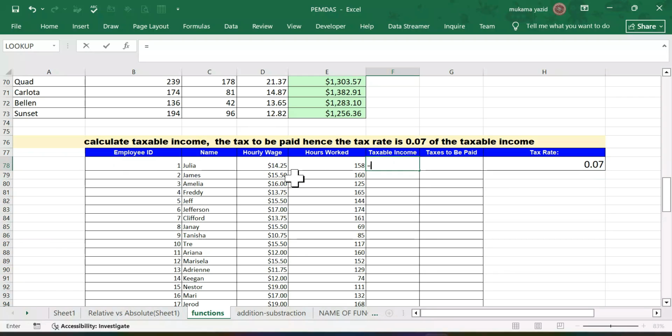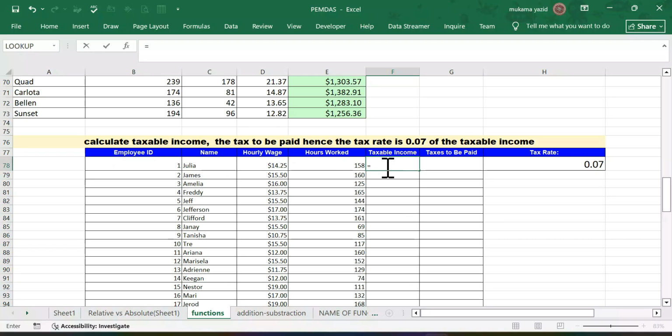To get taxable income, we are going to calculate the hours this guy worked and how much he earned within an hour. So whenever he worked an hour, he earned this. He worked for this many hours, 158.